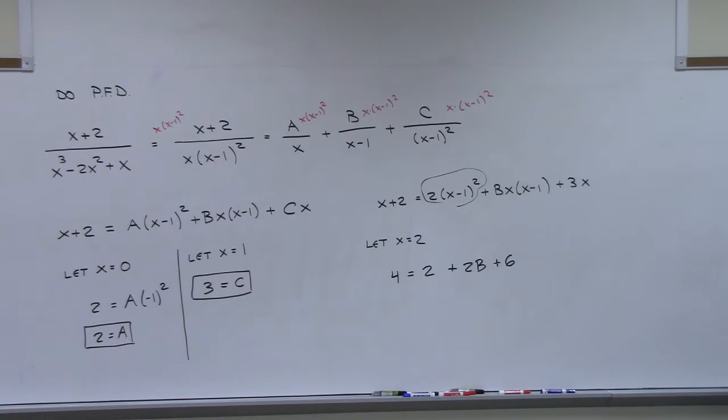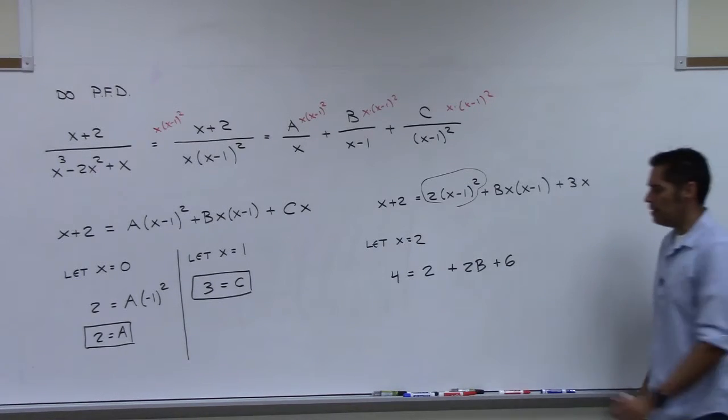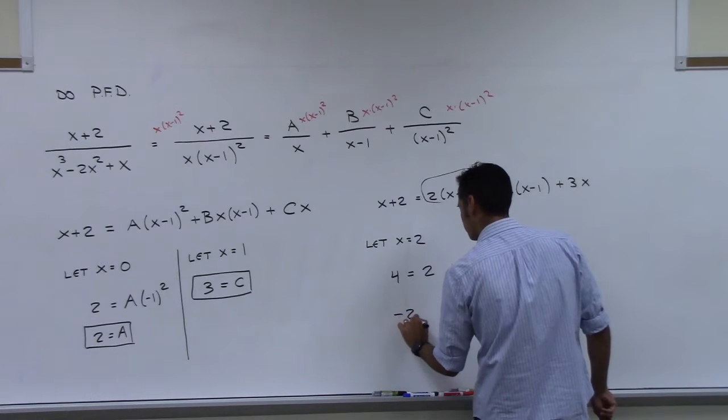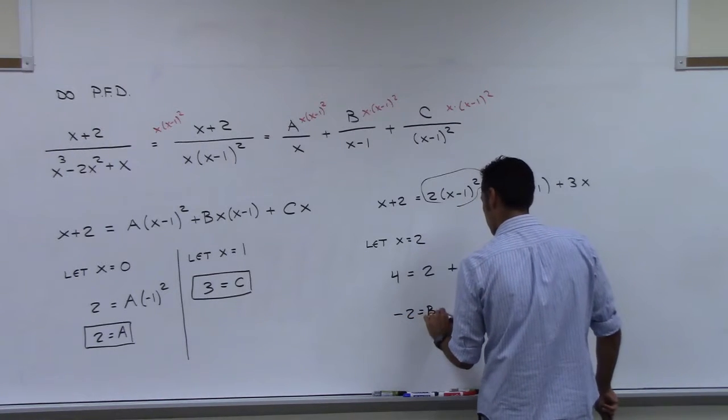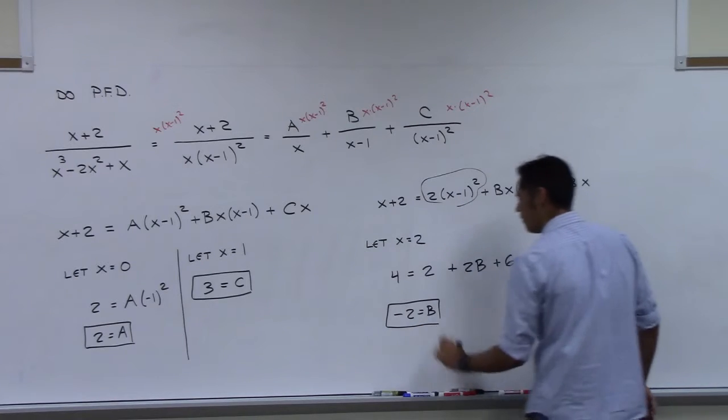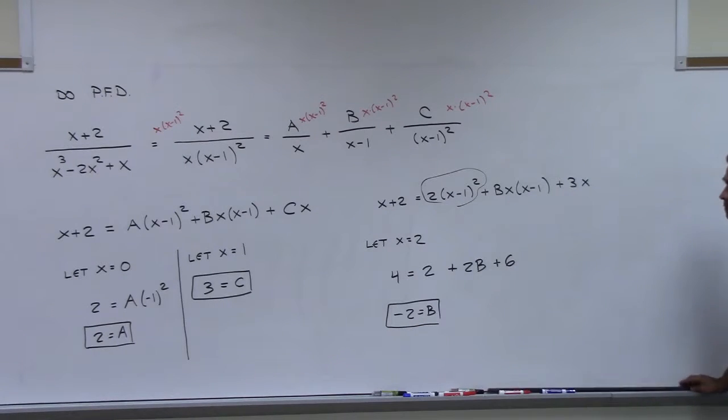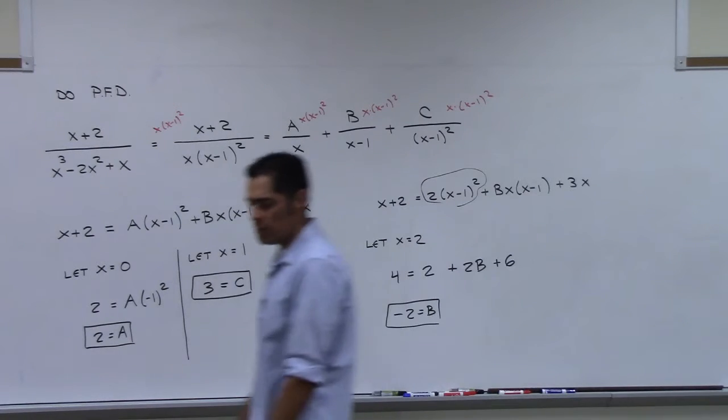And I believe from there you can move things to the other side and solve for b, right? I believe you're going to get b is negative 2. Can somebody confirm that? Yes? Okay. And so we have our answer. We have our partial fraction decomposition, don't we?